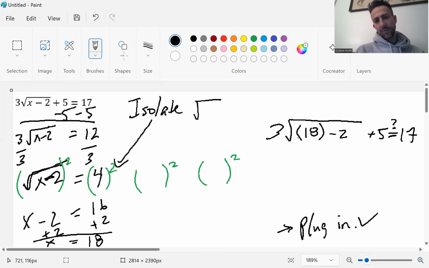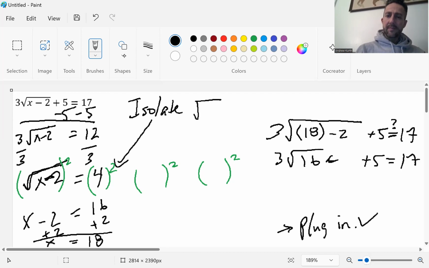So in this group under the radical, 18 minus 2 is 16. So here we have 16. Minus 2, we just need the plus 5. Like that. So now square root of 16 is 4.